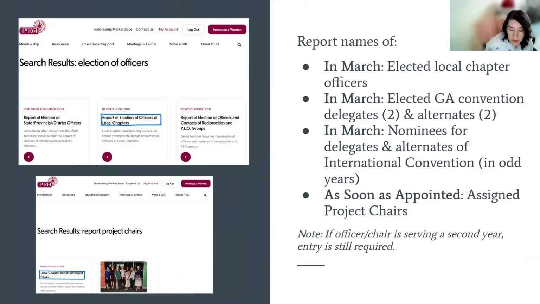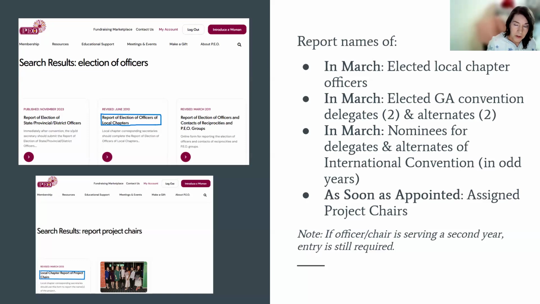It is the corresponding secretary's job to let international know who's who in your chapter. And we're in the middle of this right now. And I know P.E.O. has put some things out on Facebook encouraging people to accomplish this task. So this reporting includes officers, delegates for convention, not just Georgia convention.